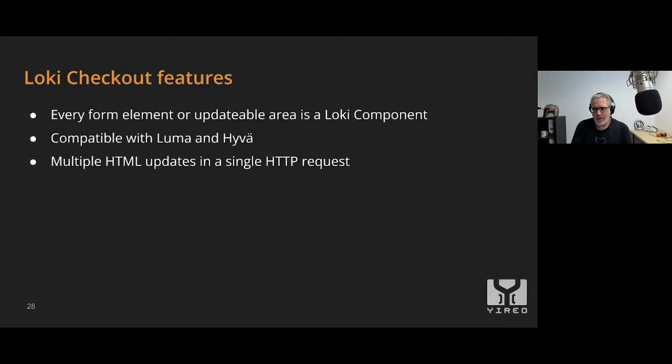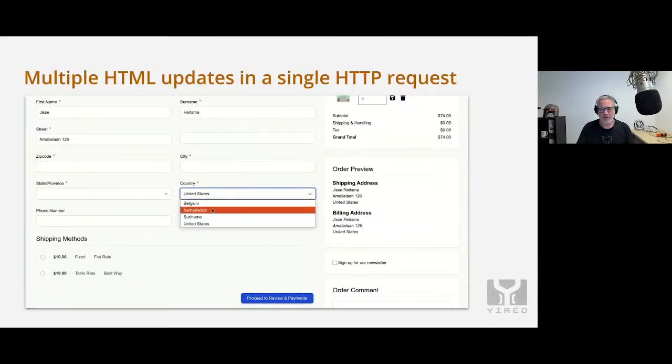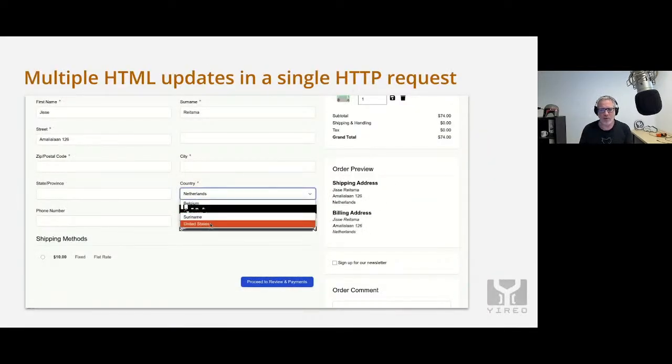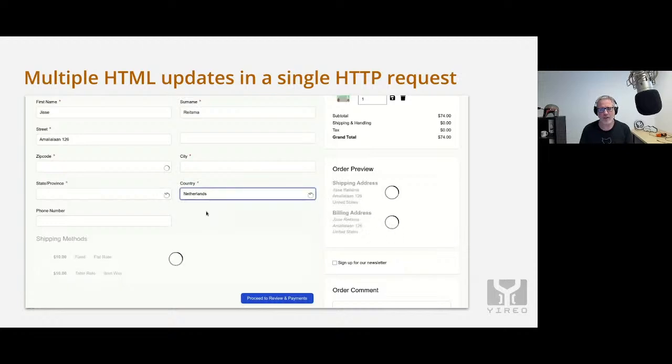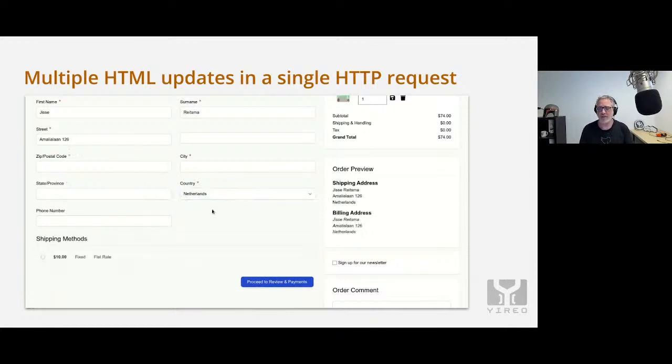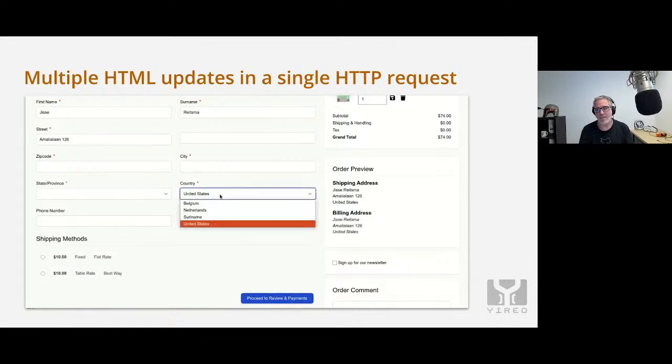I explained already a little bit about that mechanism of having multiple HTML updates. A little bit of a cool demo, but I also did this already for real in the demo. As soon as we switch a country, then actually multiple different parts of the page need to be refreshed. And that's all taken care of by the same technology. So whatever was happening with a Loki component with a simple like button is basically the same thing here.